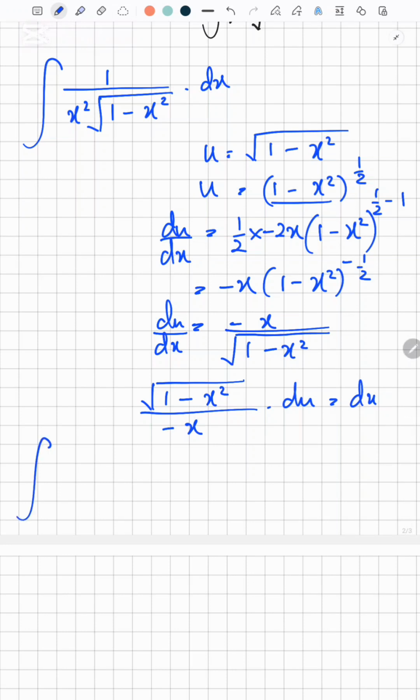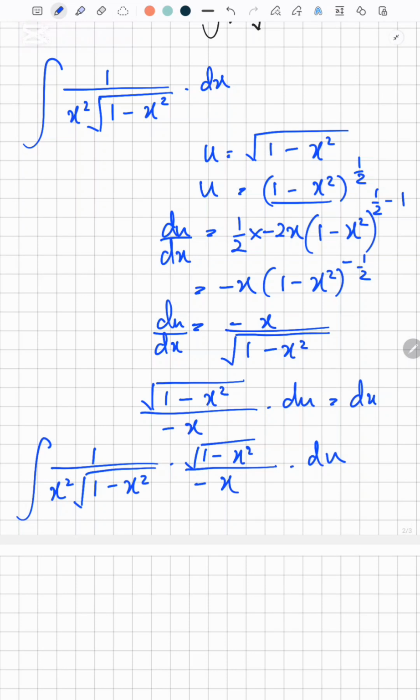So we have root 1 minus x squared over minus x du equals dx. So now you can write 1 over x squared root 1 minus x squared into dx. Now you put in, I don't have enough space, I'll just write it again. 1 over x squared root 1 minus x squared, times root 1 minus x squared over minus x, du.